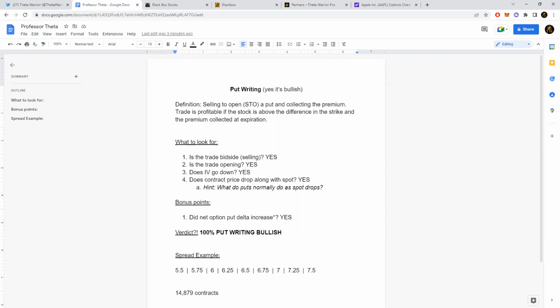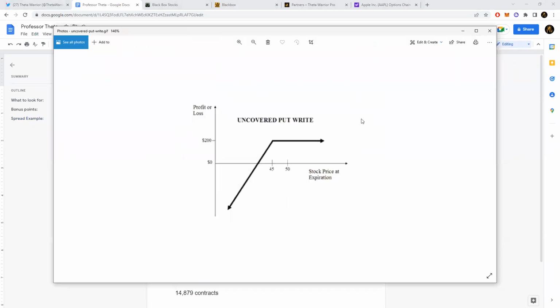Again, I'm a visual learner. So this is the graph of a put write. We don't know if this is uncovered or not, so just ignore that part. But in this example, this trader sold the 45 put and they collected $200. This trade will make money above the strike minus what they collected.